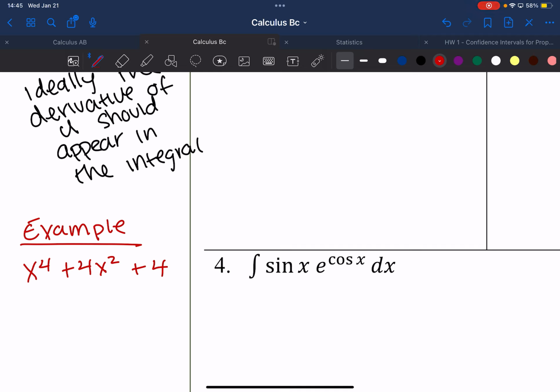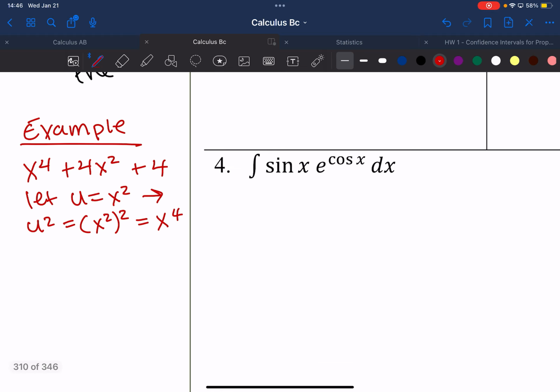Well, you would look at this and say, I can't take out a GCF, so then from there you kind of get stuck. What should I do in order to factor this? Well, this is where U substitution came into play, because you could say let U equal x squared, which implies that U squared is equal to x squared squared, which is x to the 4th.